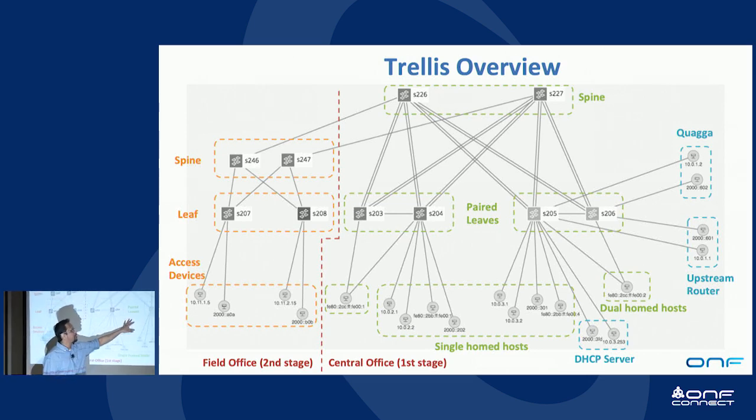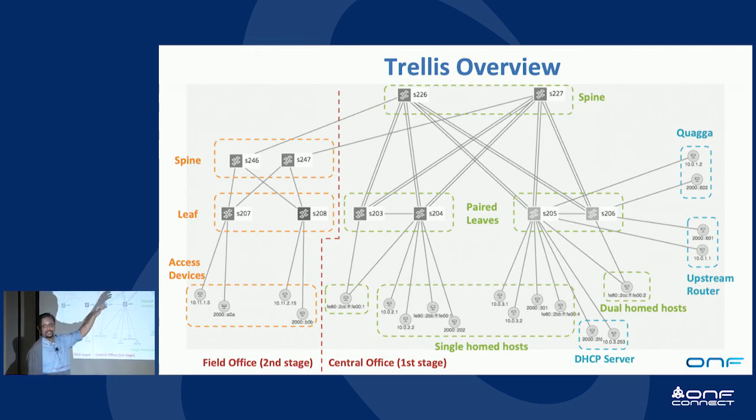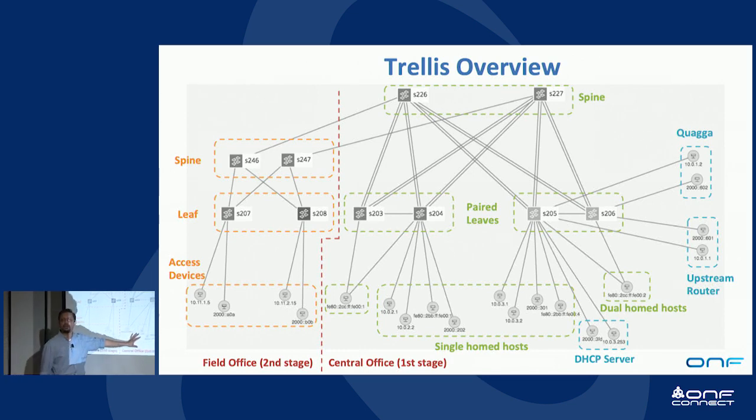We call these paired leaf switches. You can have more of these pairs. You can connect them to spines. Those spines themselves can connect to other spines in different locations. So for example, this could be the primary central office, the primary head end, and this could be a number of field offices, secondary head ends, secondary central offices that all connect to the same primary.